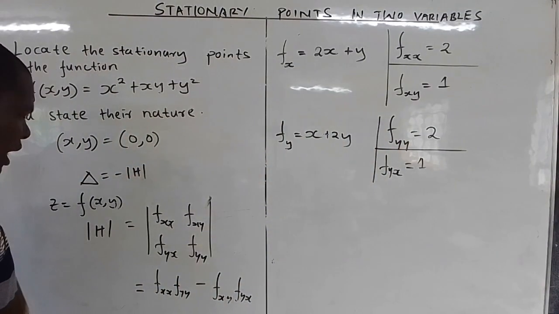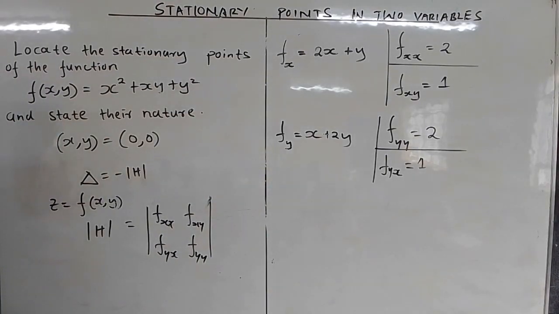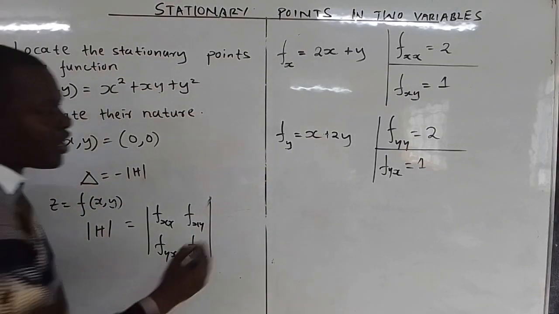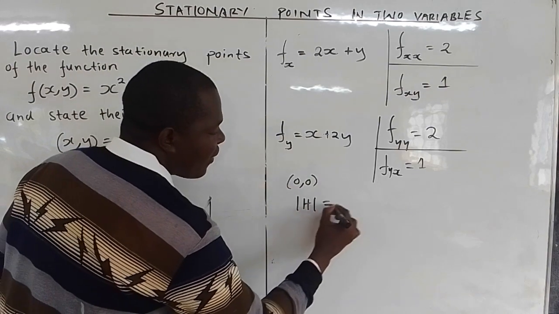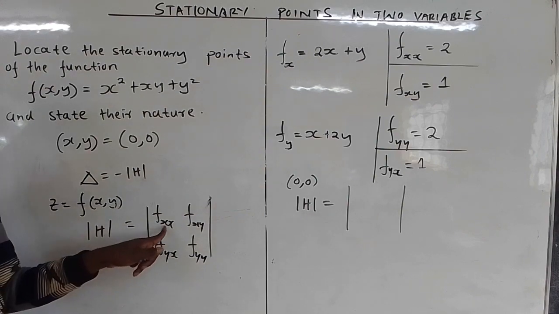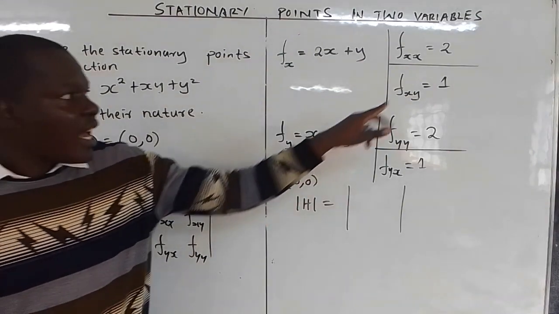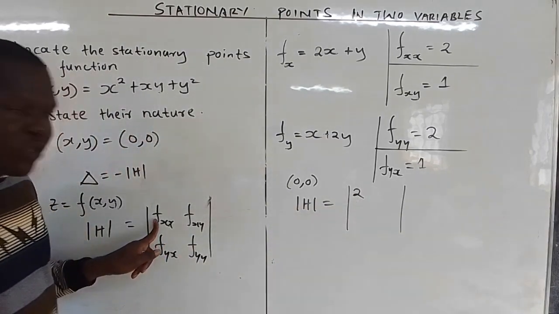So, having constructed this, we now go straight and substitute our point. Our point is 0, 0. So let us get that Hessian matrix. Start substituting for this point. What is f of xx? Go and check. You found it to be 2. You put it where it is supposed to be.